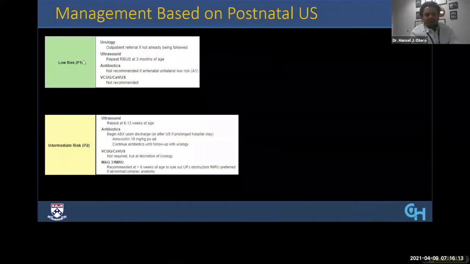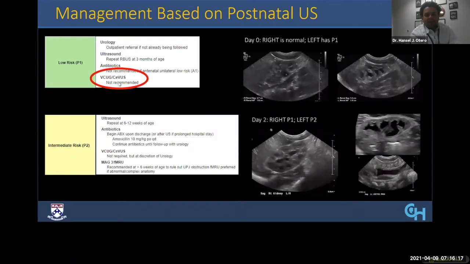So again, just to compare the P1 and the P2, what I want you to see is that when we were saying normal right, P1 on the left, there was no indication for BCUG. With intermediate risk, BCUG might be indicated. Again, BCUG is a little bit more complicated because we also have a lot of other factors, we reserve it for P2 or P3, but it's not only based on UTD.